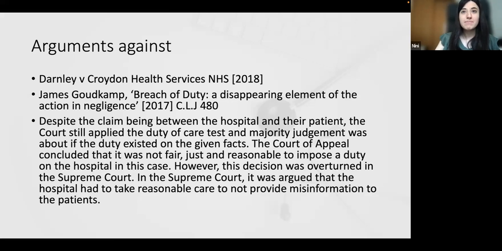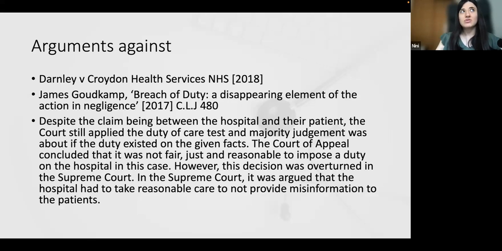That was a big judgment because it was very important, and that's actually what was analyzed by the James Goudkamp article, Breach of Duty, a Disappearing Element of the Action in Negligence. This article talks about the Court of Appeal judgment of Darnley, where it was argued that hospital did not owe a duty of care to the patient. Normally, hospital always owes duty of care to the patient, so this was different in this case.